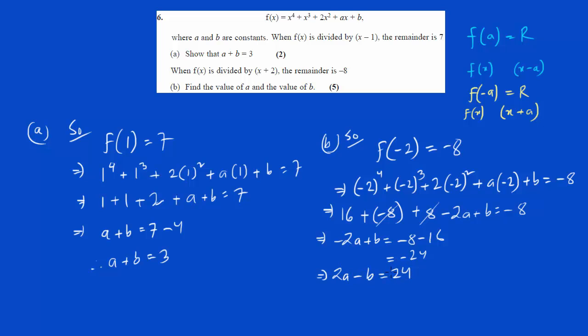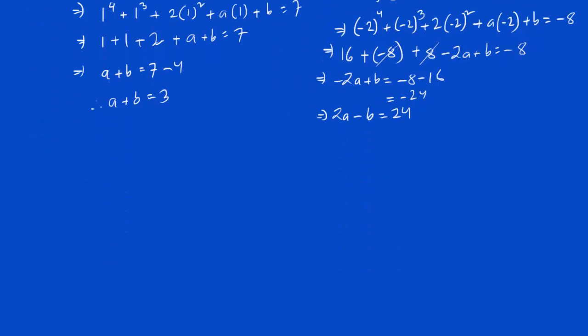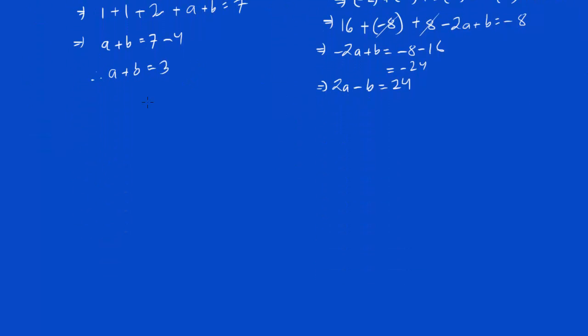Now we have two equations. So what we have to do is solve the simultaneous equations and find the values of a and b. a plus b equals 3 is equation 1. 2a minus b equals 24 is equation 2.